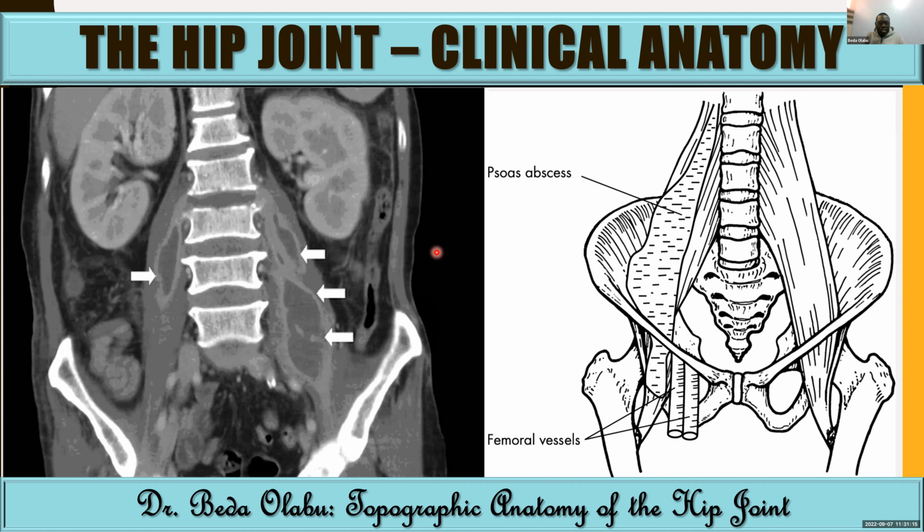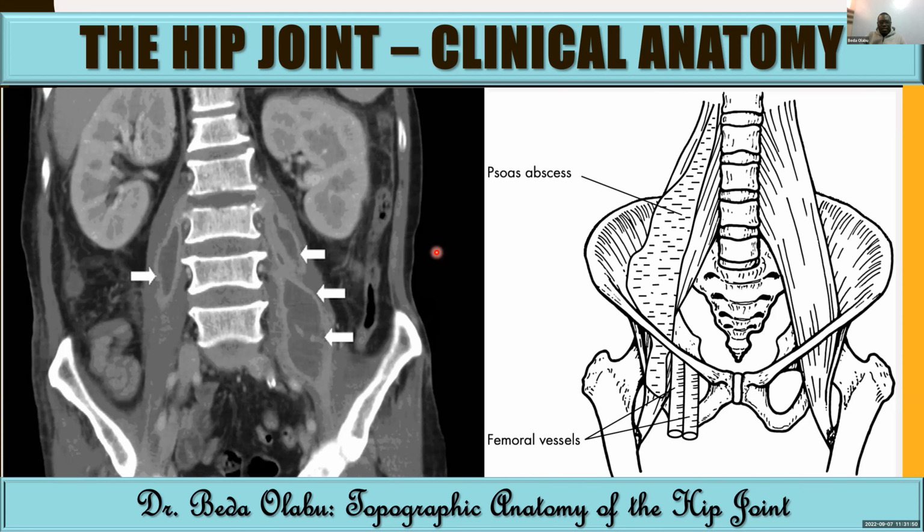If there's some infection, and let's put it to be TB in this case, if there's some TB infection of the spine with some abscesses, those abscesses can track beneath the fascia of psoas major from the lumbar spine all the way to the anterior part of the hip joint, because the psoas major extends all that extent.